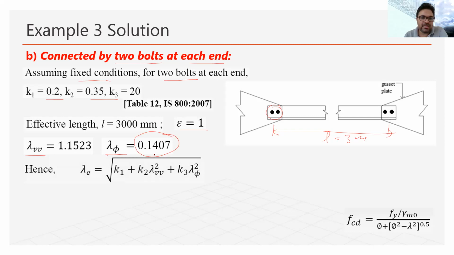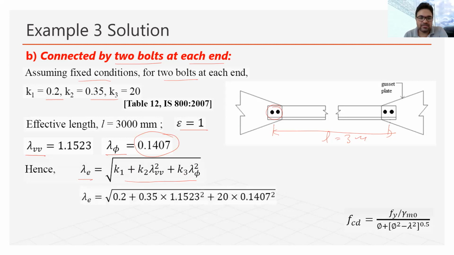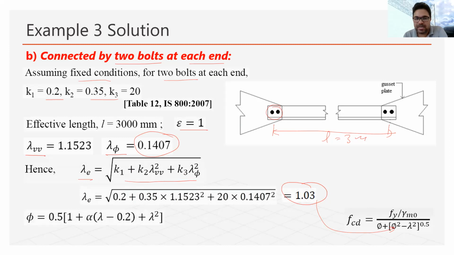And now the lambda E value can be calculated by putting all the values here. The lambda E value will be 1.03. So now we have found the value of lambda E, and we will put this value here. Now the phi value also needs to be calculated. In the phi value, this lambda will be 1.03.